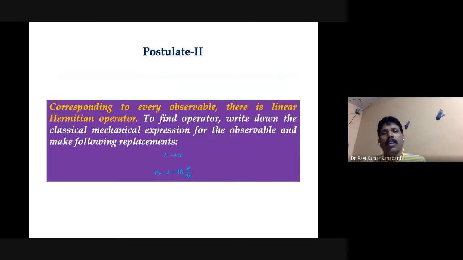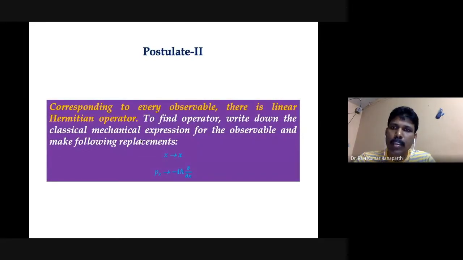Okay, now I will come back to the second half of the statement. We have now understood the first half: corresponding to every observable, there is a linear Hermitian operator. The first half of the second postulate states that if you have an observable, it will have a Hermitian operator.